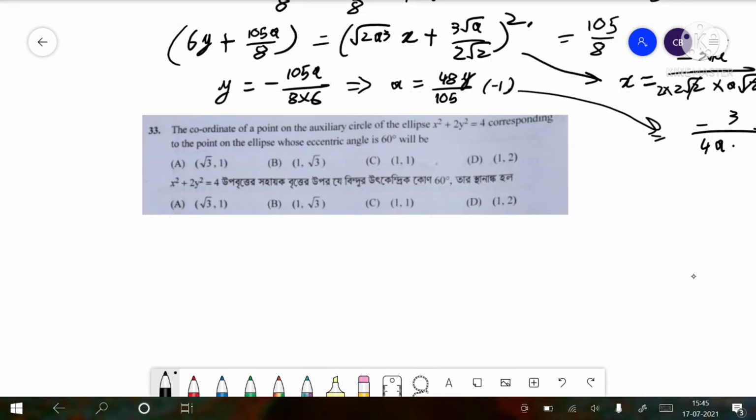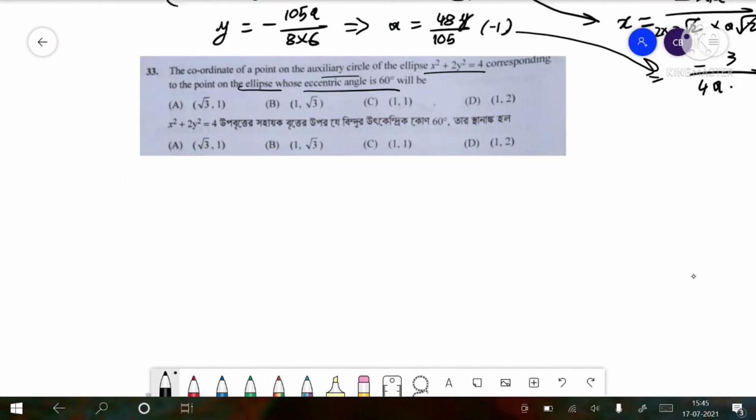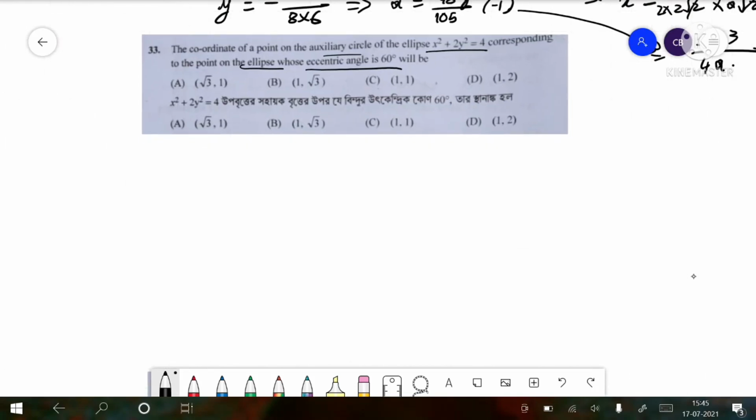Moving on to the next question. The coordinate of a point on the auxiliary circle of the ellipse x square plus 2y square is equal to 4, corresponding to a point on the ellipse whose eccentric angle is 60 degree, will be. Now this is a very simple question. The point on the auxiliary circle given Q has a formula of a cos phi, a sin phi, where a is the longer semi-axis, and here the x part is longer.